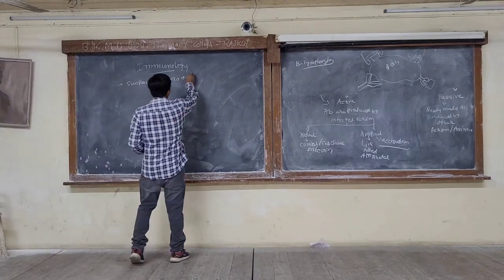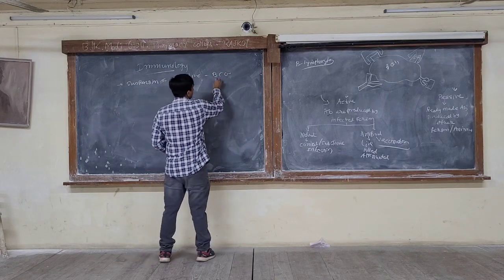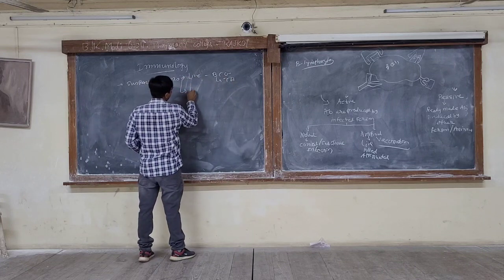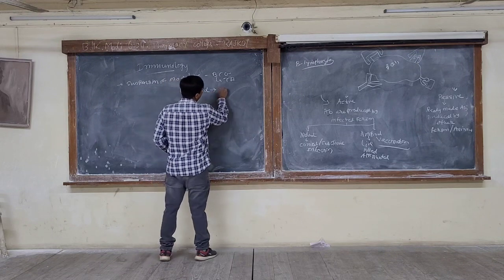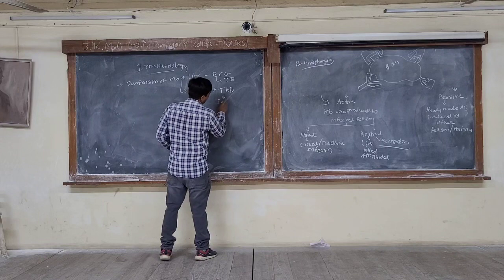The cells may be live, for example, the BCG vaccine. It is used for TB. It may also be killed or attenuated, for example, the TAB vaccine. It is used for typhoid and paratyphoid.